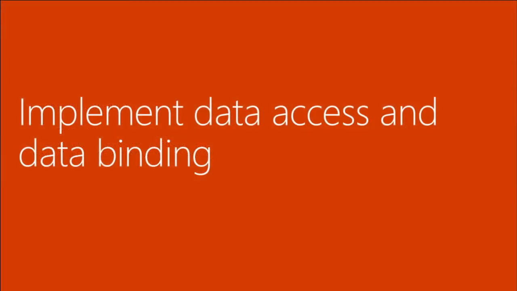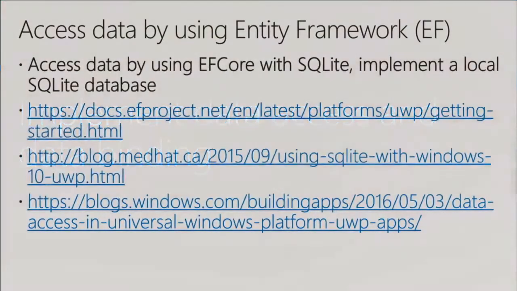Data access, data binding. I can spend a ton of time on this, but Entity Framework Core, that's pretty much what this is: accessing data using Entity Framework Core, creating your models, your plain old CLR objects or POCOs, using SQLite as the store for Entity Framework Core. One of the great things about UWP is you can use SQLite.